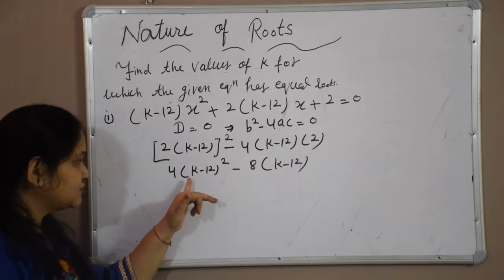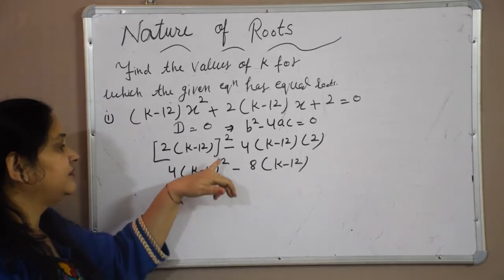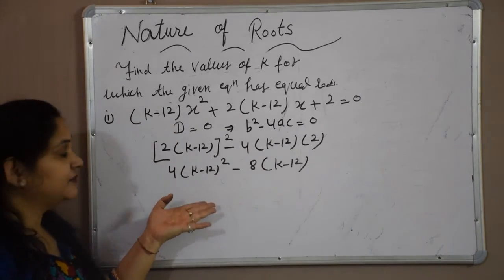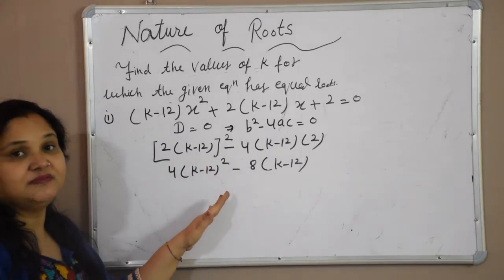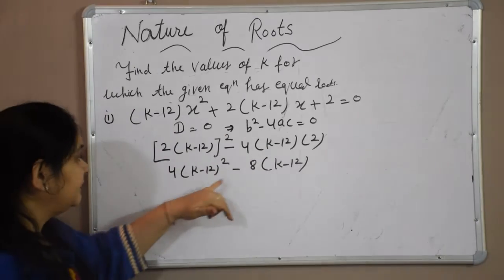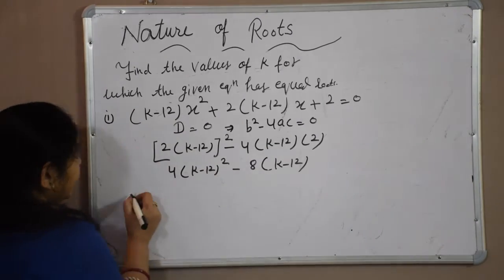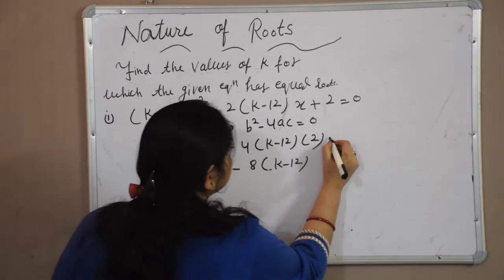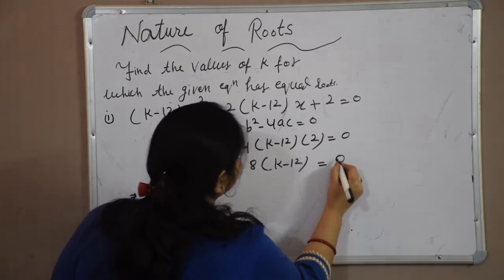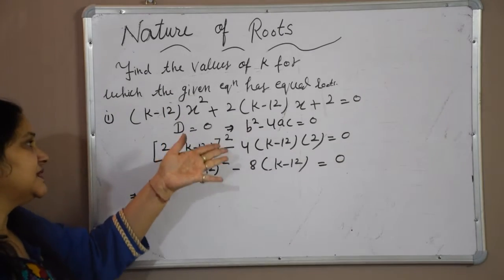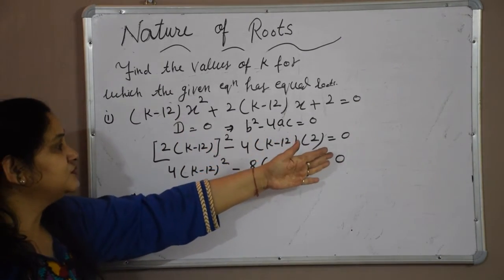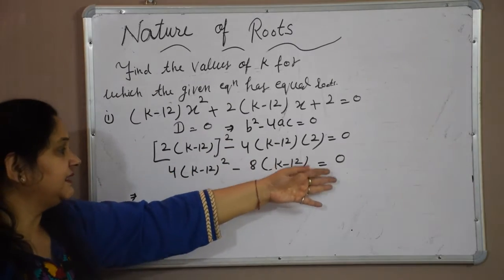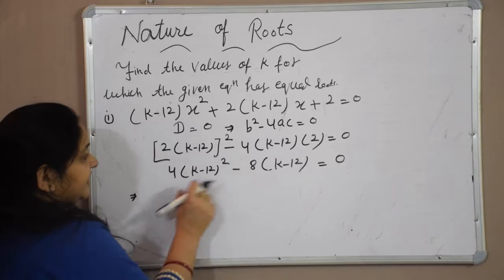Now see how we can simplify this in an easier manner. If we want, we can open (k minus 12) whole square, then multiply this, and simply we will get the answer. But there is a shortcut also. I will tell you how we can solve it by a shortcut way, and that is we can take the common factor, because this is equal to 0. Already we know that the roots are equal, therefore we can use D is equal to 0, and we can take common.